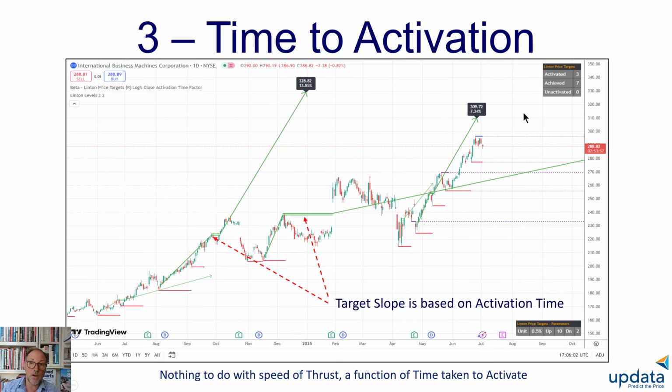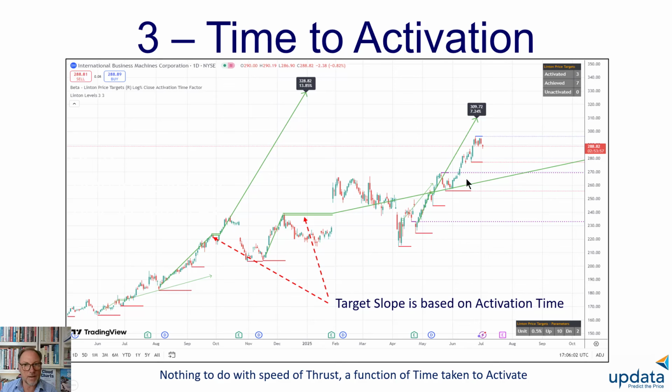Another method, the third method, is the time to activation. What we're saying here is, I've had this initial buying thrust, and then it's taken time for that to be activated. The longer it's taken to be activated, the longer it's going to take to get to the target. This is not a quick breakout of the level.